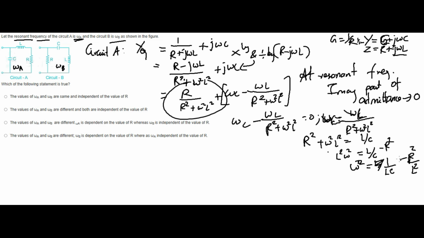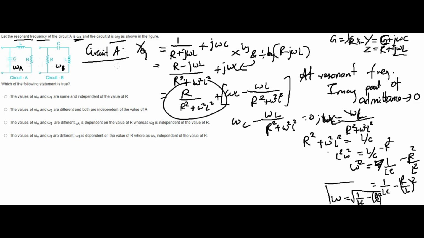So you can consider 1 divided by LC minus R by L, the whole square. So omega is equal to the root of 1 by LC minus R by L, the whole square. This is complete, this is for circuit A.